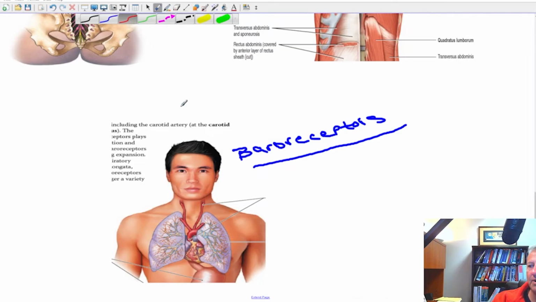Well, we know they're monitoring blood pressure and the fullness of those arteries. So if they feel like there's not enough blood there, the baroreceptors are going to say, hey, let epi and norepi out, because I'm losing blood.